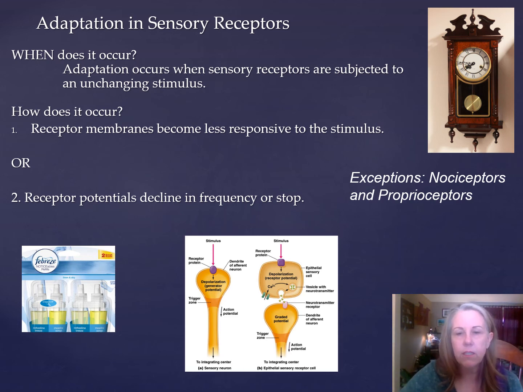So first, let's talk about pain receptors. So pain receptors do not undergo adaptation. Sometimes we wish they would, because a lot of times that pain can be unbearable and you want the pain to stop. However, what exactly activates pain receptors?